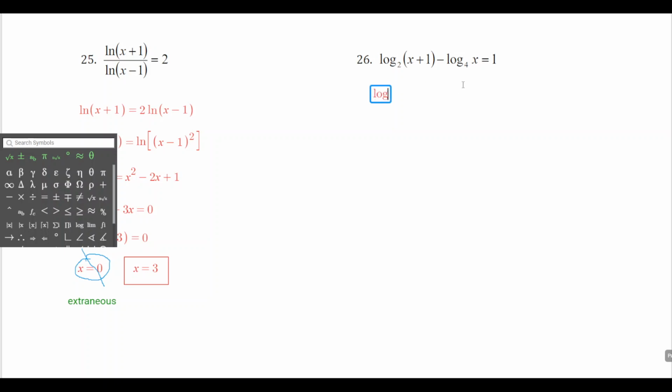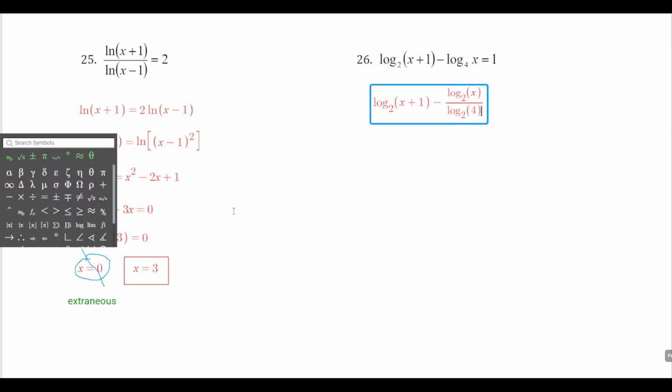So I'm going to rewrite my log base 4 as a log base 2, as log base 2 of x over log base 2 of 4.